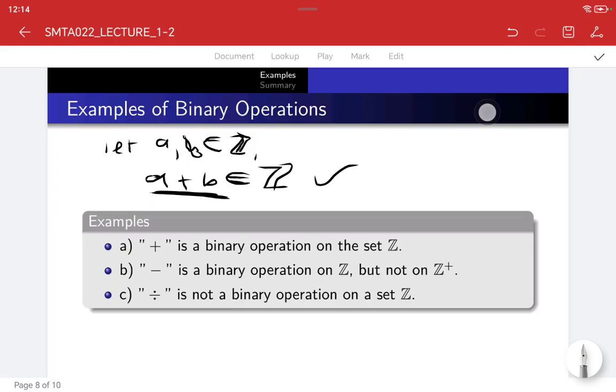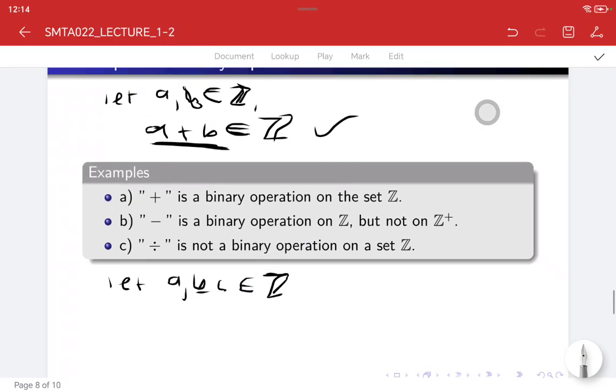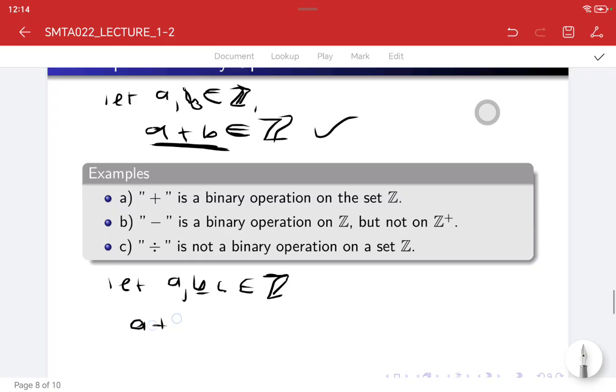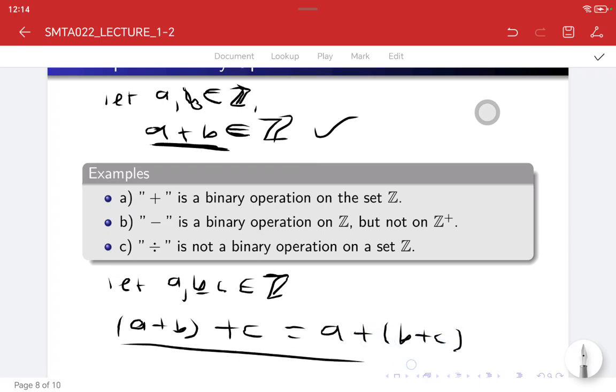Then I come to associativity. For associativity, I let A, B, C be elements of Z. Then, if I show that (A plus B) plus C is equal to A plus (B plus C), then we know that associativity holds. And we know that with integers and addition, it doesn't matter how you add them.